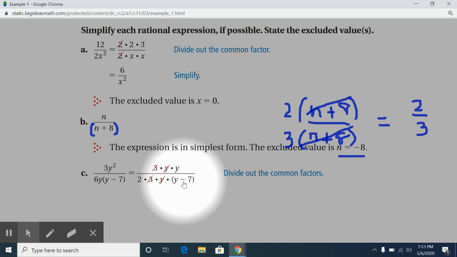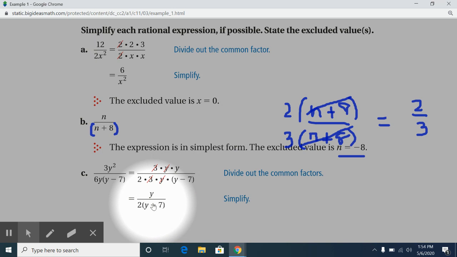Now, because remember what I said, because there's no y minus 7 on the top in parentheses, we can't do anything with this, okay? We can't touch this. So what we can do is get rid of the 3's and get rid of one of the y's. So what are we left with on the top? We are left with just one y on the top, and we're still left with our 2 on the bottom and our y minus 7 on the bottom, all right?